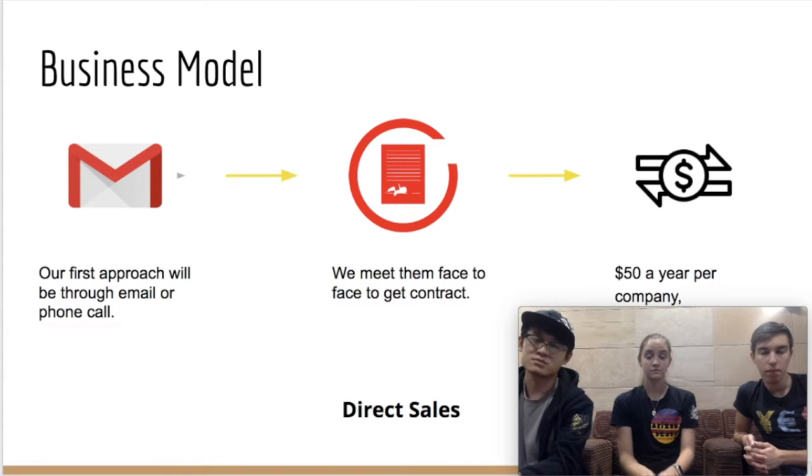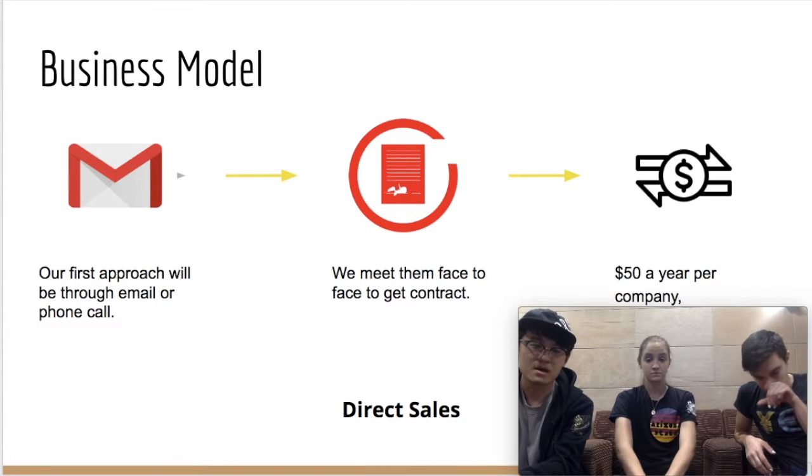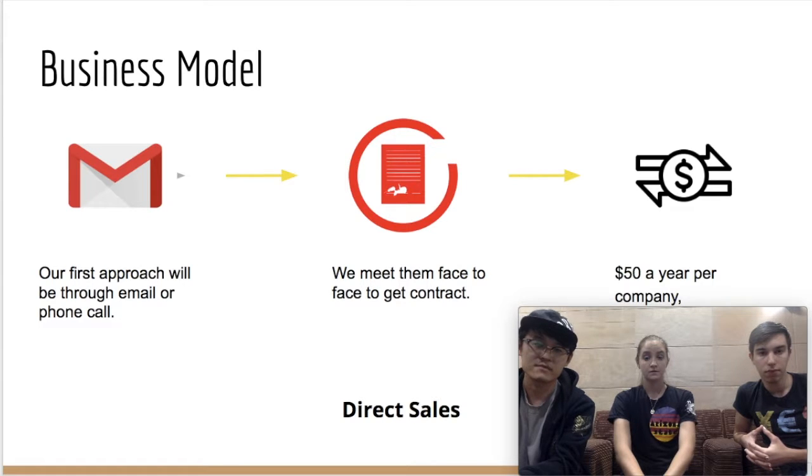For our business model, we're going to do direct sales. Our potential customers can find our contact information through our advertisement or from our website, and we're going to contact them as a first approach through email and or phone call.